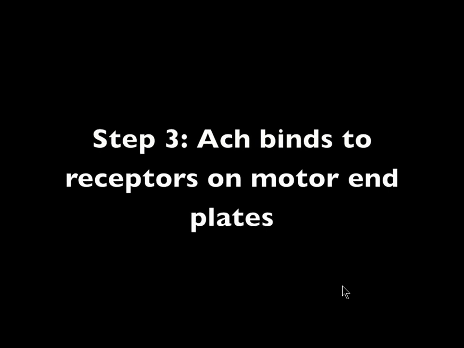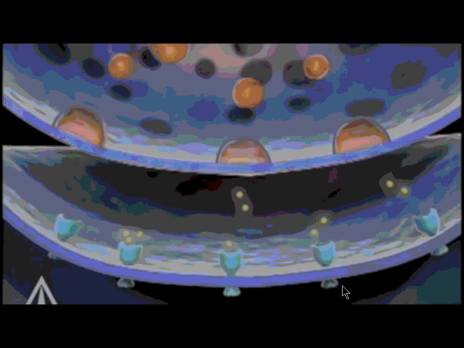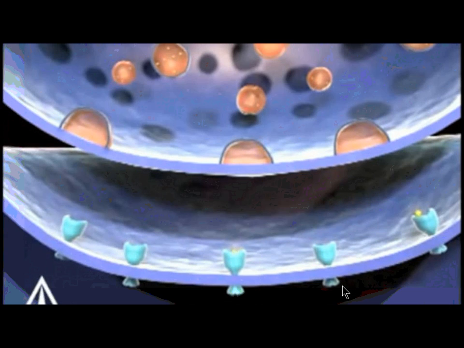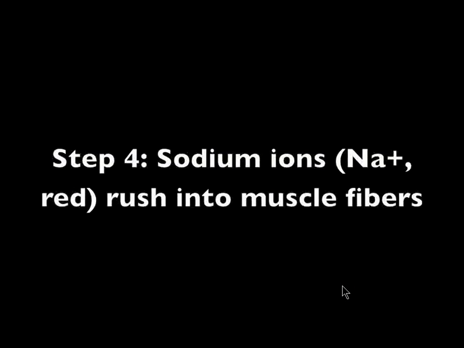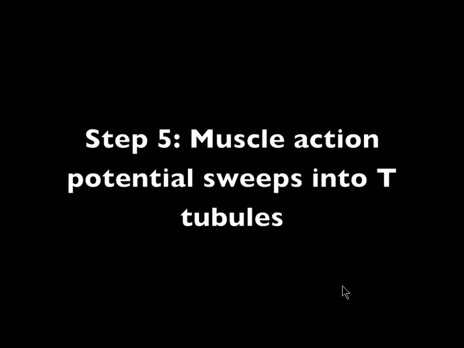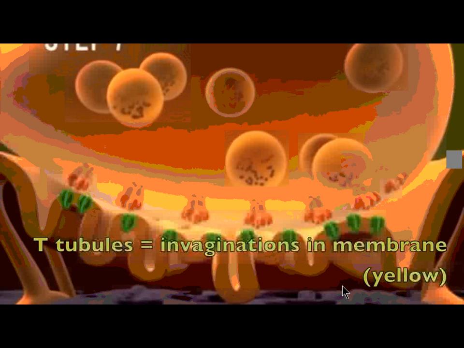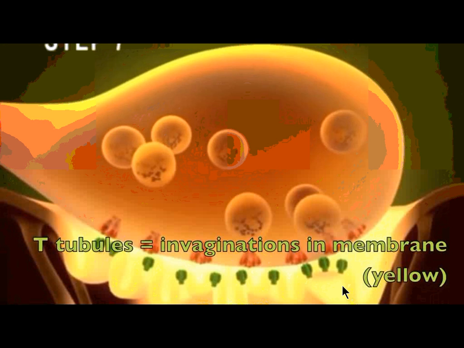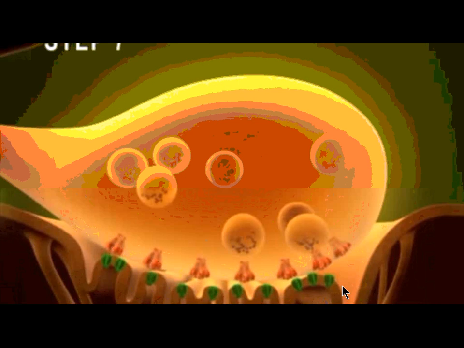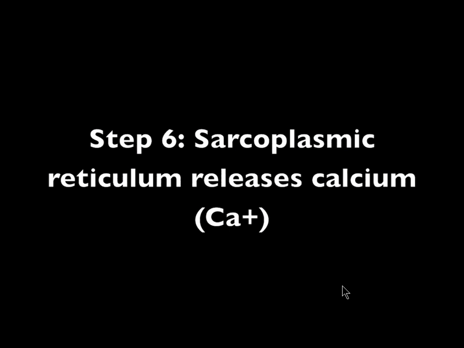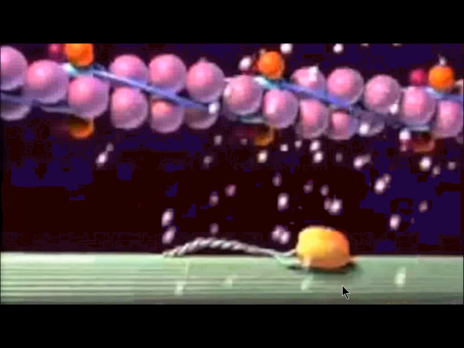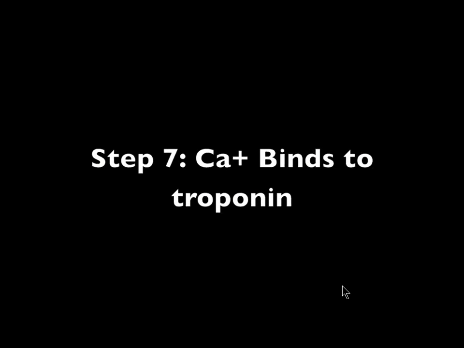Step 3. Acetylcholine binds to receptors on motor end plates. Step 4. Sodium ions rush into muscle fibers. Step 5. Muscle action potential sweeps the T tubules. Step 6. Sarcoplasmic reticulum releases calcium. Step 7. Calcium binds to troponin.